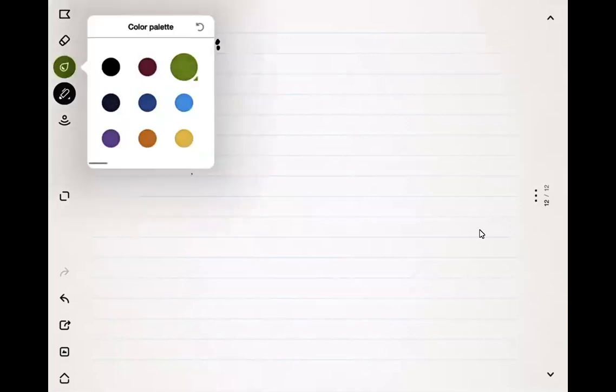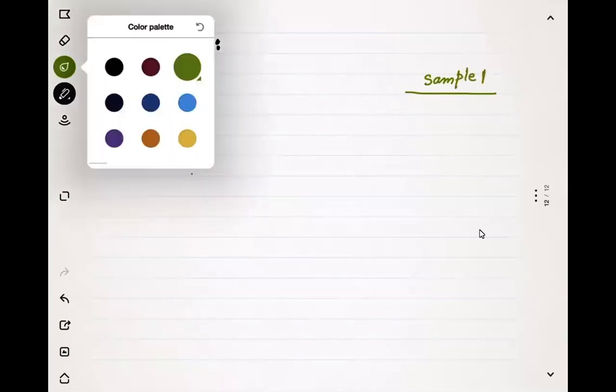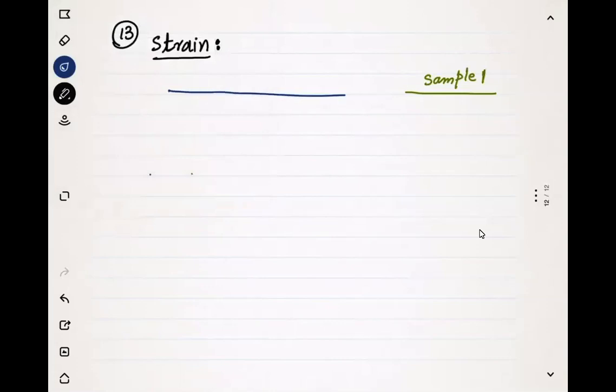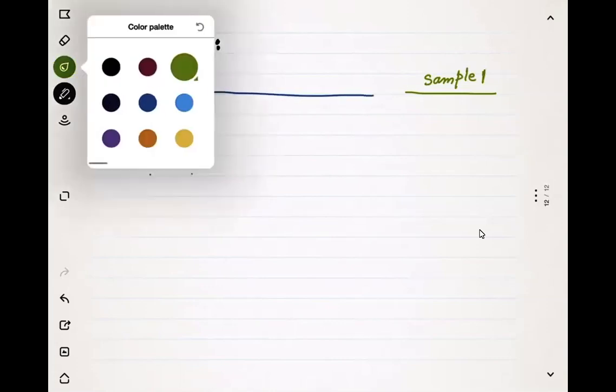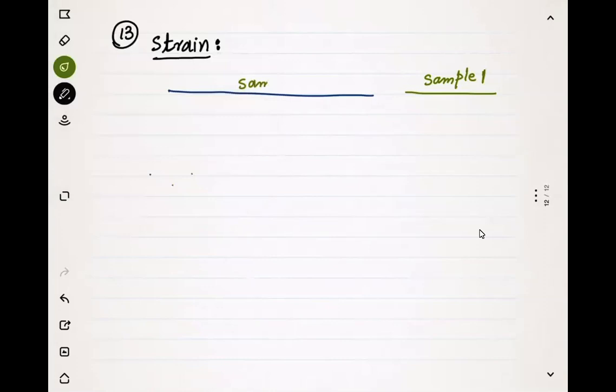For example, let's take two samples of wire. This is sample one. The second sample of wire, sample two, is here. On sample one, we are applying a force of, for example, 1000 Newton from both sides.